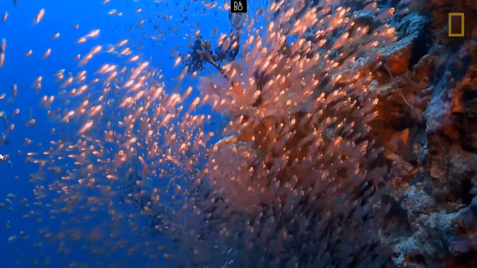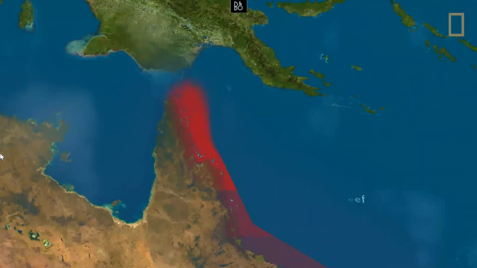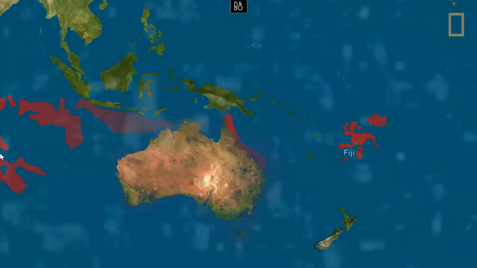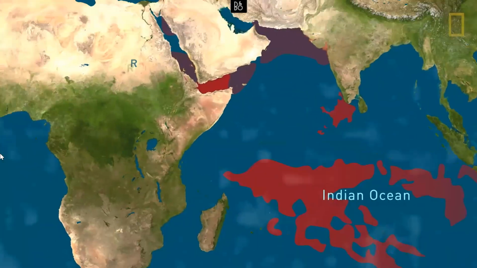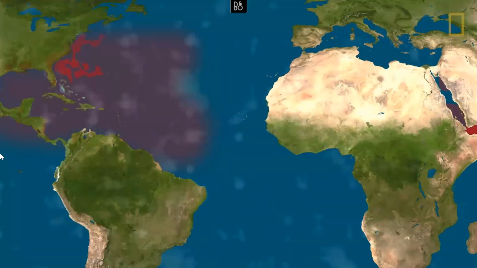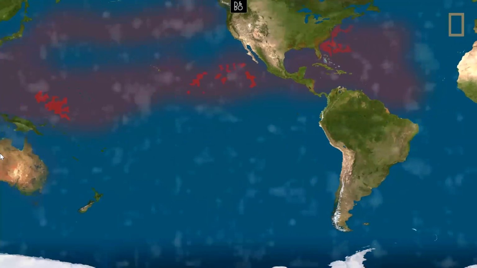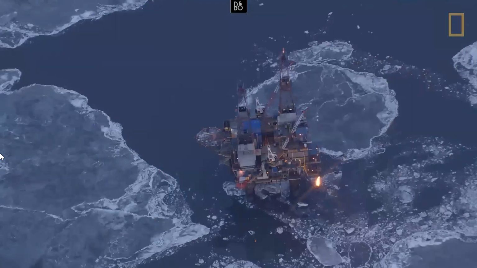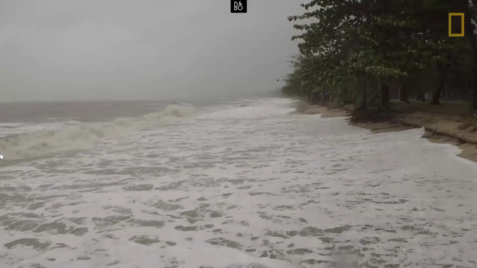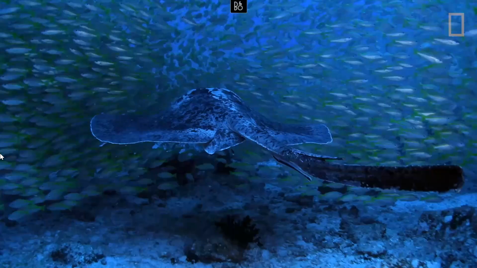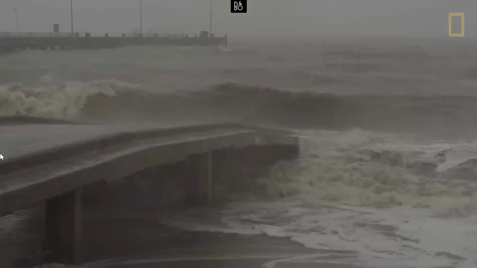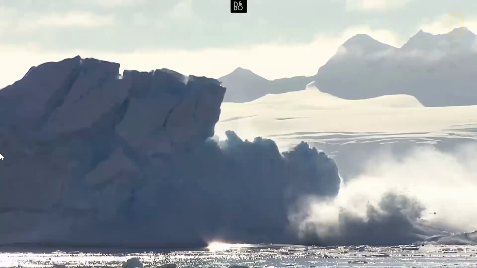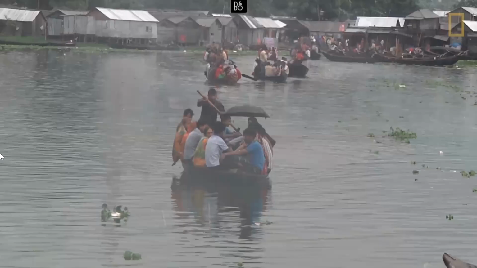Already in 2016, severe coral bleaching has also been recorded across the Pacific Ocean, in Fiji, across the Indian Ocean, in the Maldives and the Seychelles, and even in the southern Red Sea. Similar events are predicted across the Caribbean and Micronesia. In a year in which the impacts of heat stress on the global ocean have reached unprecedented extremes, as the distribution of marine species continues to change, as storm surges continue to intensify, as sea ice and glacier melt accelerate, and as sea level rise and human displacement intensifies.